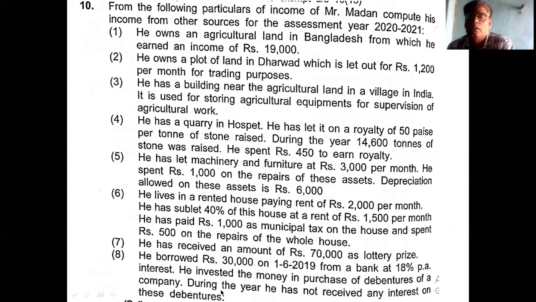Expenses on exempted income are not allowed. This is the point you remember. Expenses on exempted income are not allowed. And the 30,000 loan is taken for debentures of a company. Interest on debenture of a company is taxable.